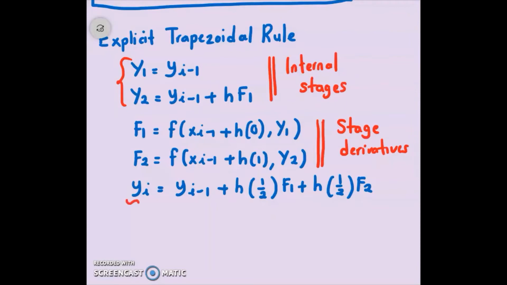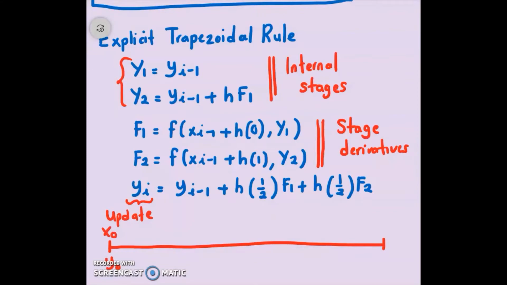And this small y here is my update. So what trapezoidal does is it starts with x0, y0, or y_{i-1}, the initial. It has two stages, Y_1, Y_2, and using these two stages, it will find y_i for my x_i.